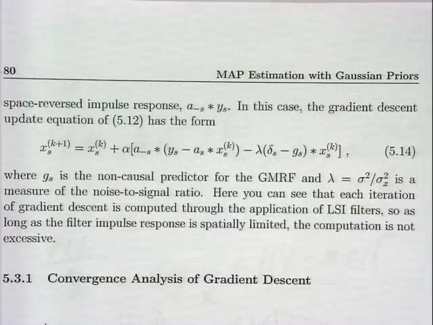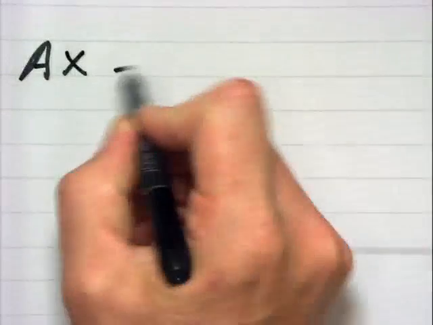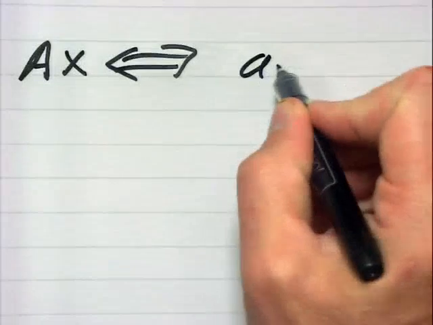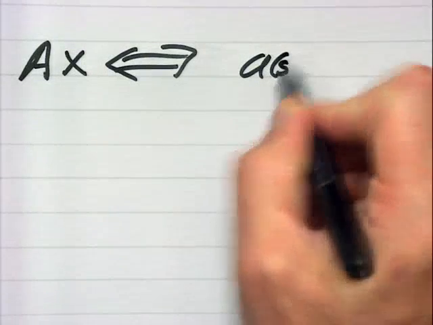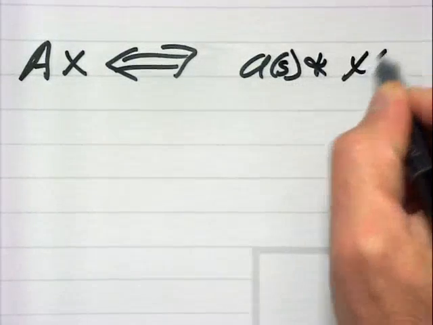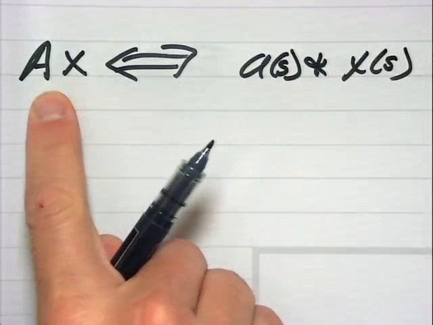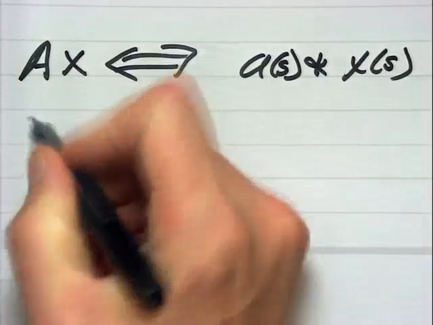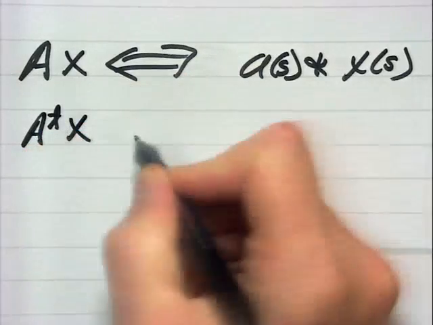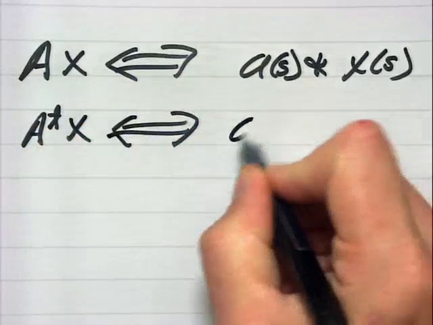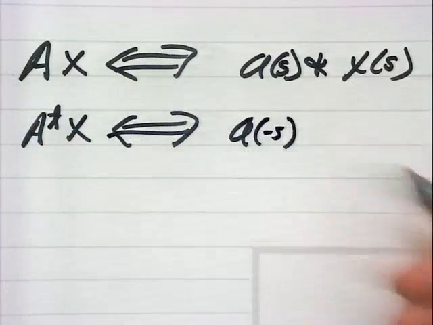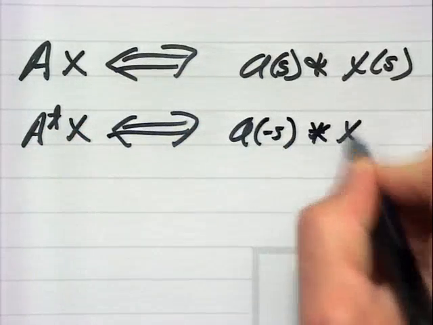So transposing, if you take A times x, that's equivalent to a sub s convolved with x sub s, assuming this is a Toeplitz operator. But if I take A transpose times x, that's equivalent to a sub minus s convolved with x sub s.